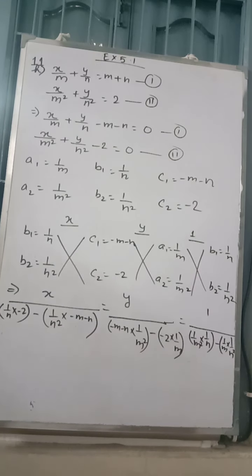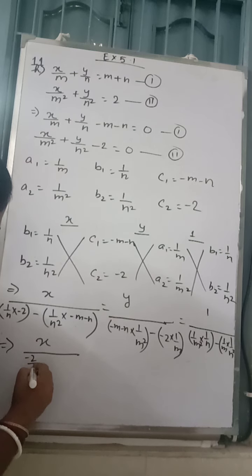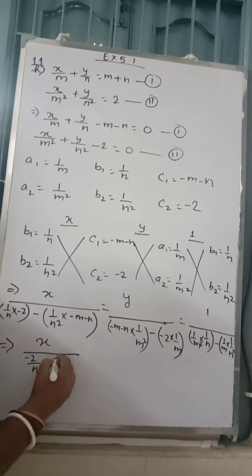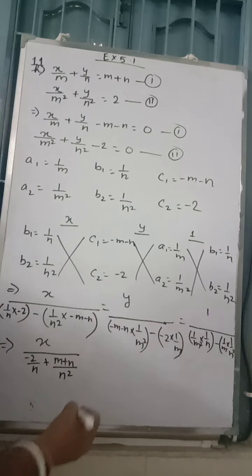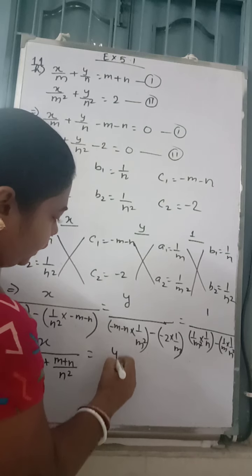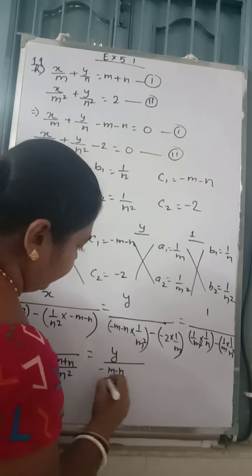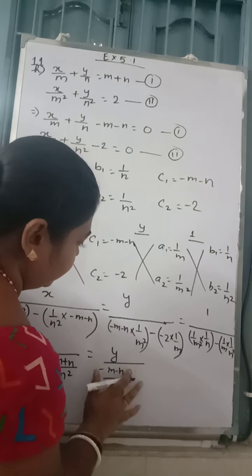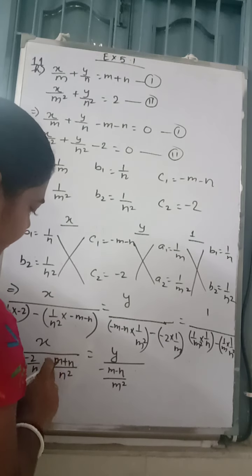So finally we have got here x by minus 2 by n plus m plus n by n square is equal to y by minus m minus n by m square, sorry, this comes minus minus plus, so I have written plus.